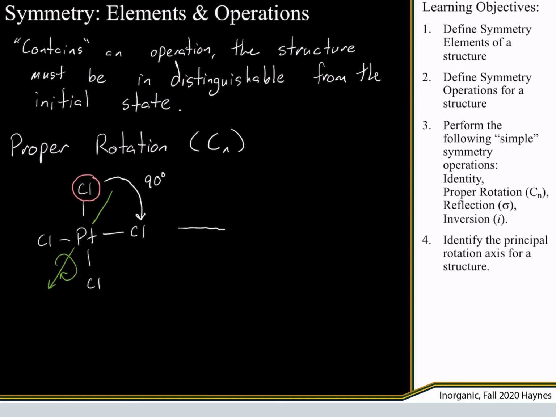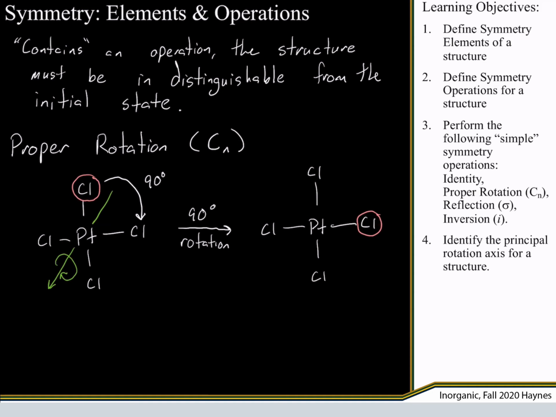And when I do this 90-degree rotation, if I were going to redraw my structure, platinum still has its 4 chlorines, only now my pink chlorine is over here on the right-hand side. Now, if I didn't circle it with that pink circle, it would be indistinguishable from my initial starting point, right?